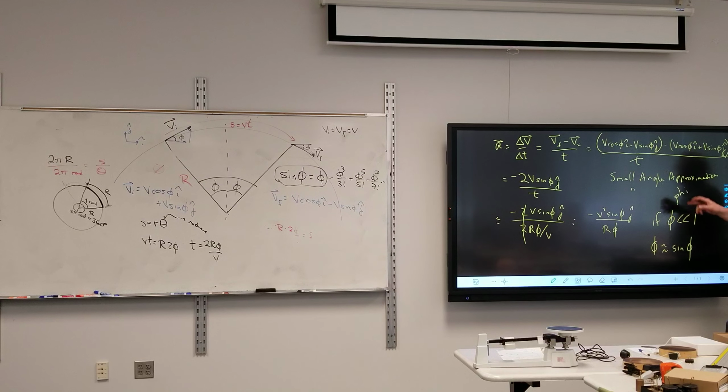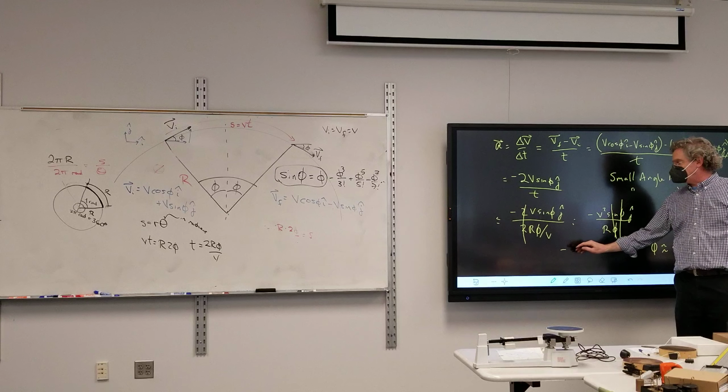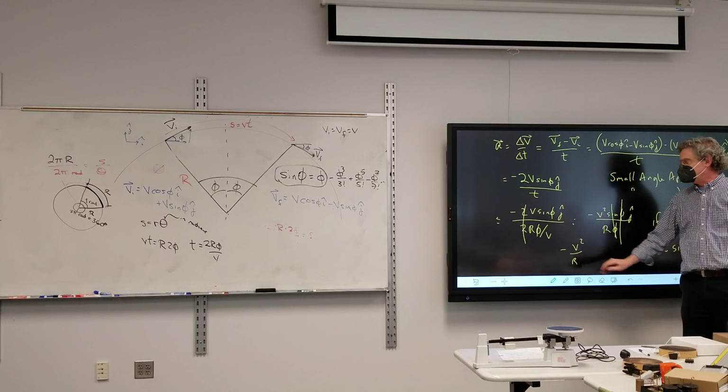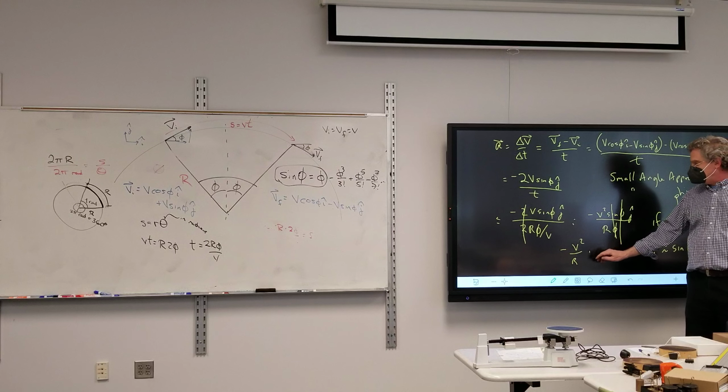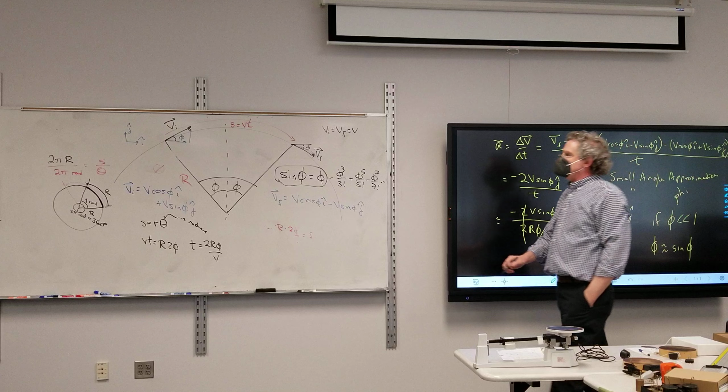So if the angle is small, since we're dealing with an instantaneous value, those phi's cancel out. What I'm left with is my acceleration is negative v squared over r, j hat.